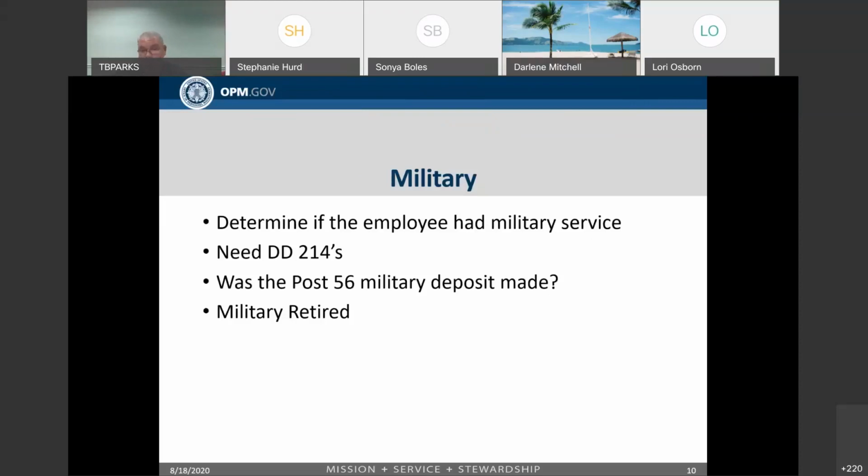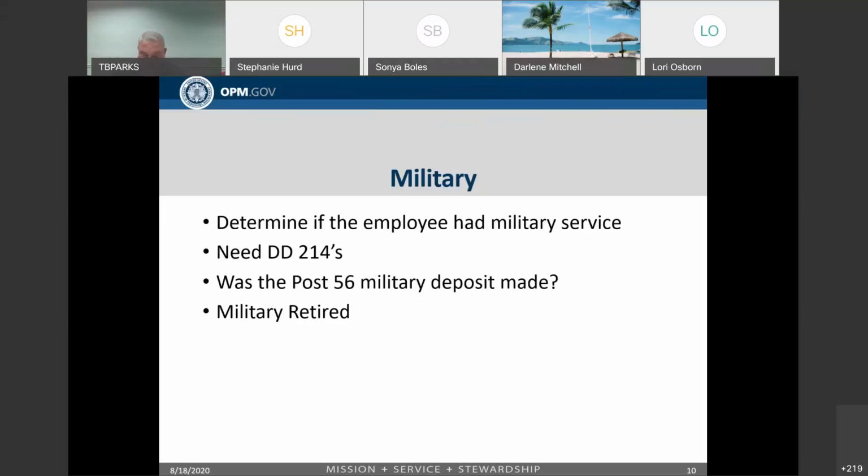If the long copy of the DD-214 is in the OPF that shows the character of the service and any lost time, then make a copy of that and include that with the package. If there isn't one, then request a copy from the survivor. We'll need that in order to process the claim.